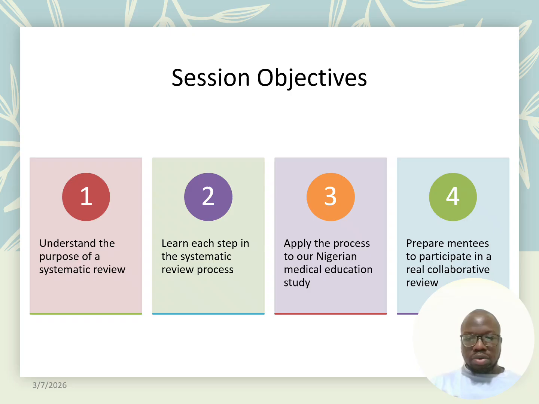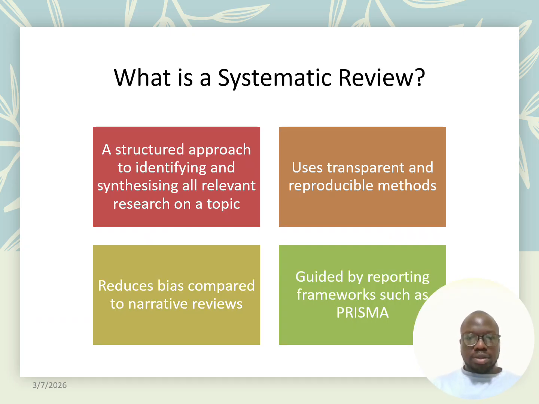I hope that as we go through this process, you understand how it is done. It's a rigorous process that tries to avoid bias, and like I mentioned, it's a high level of evidence.